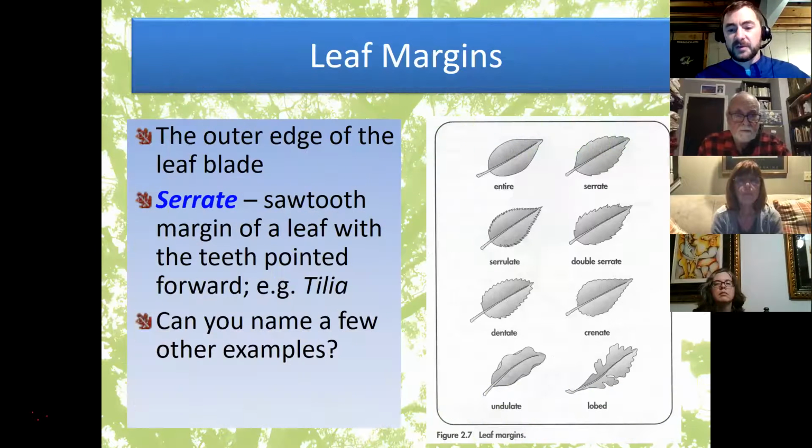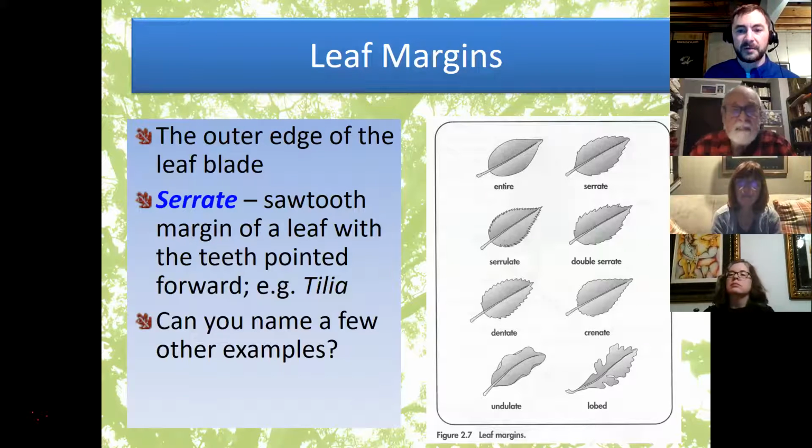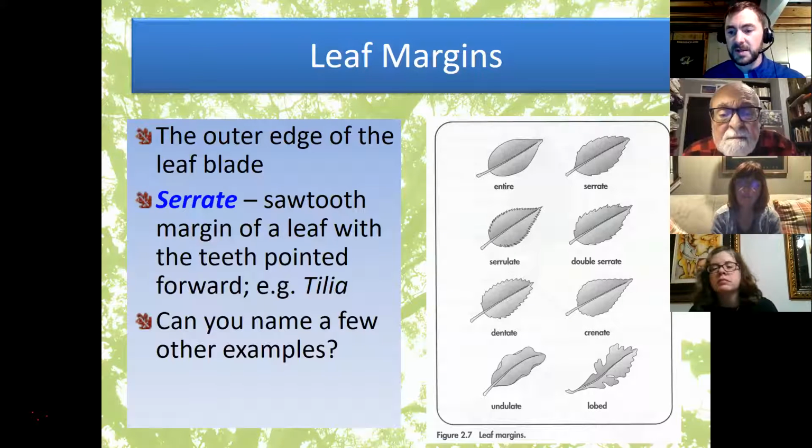Fun fact though, I don't know if we'll get to it. I'd like to throw the question out: are all oaks lobed? And no, they're not. Shingle oak is one that can throw you for a loop when you're getting into this in the beginning stages, because it's a fairly common tree in our suburban landscape, because it was an old field tree.